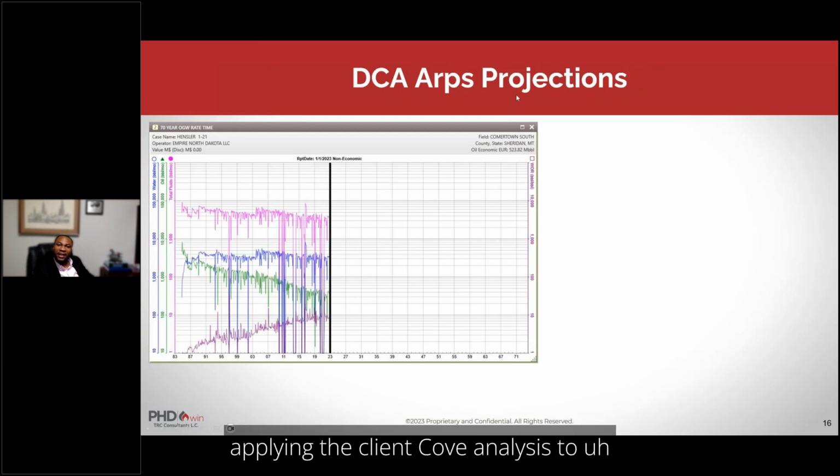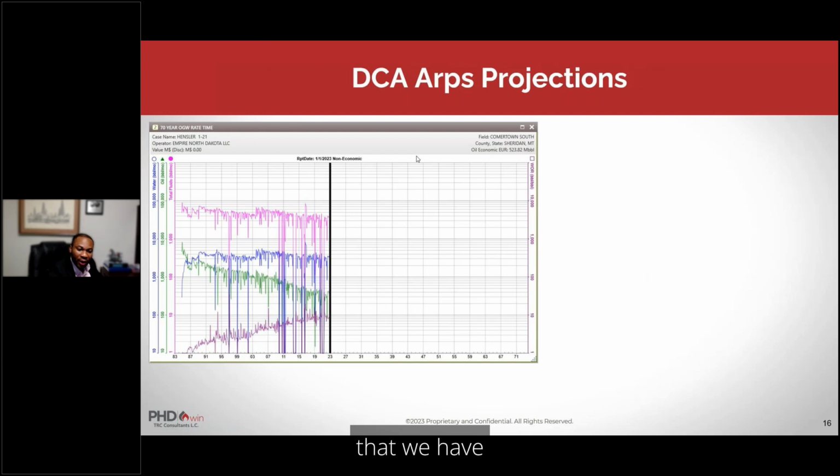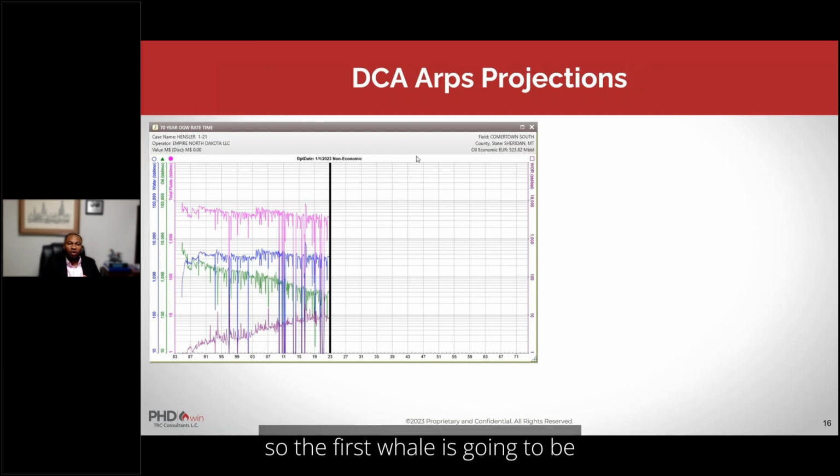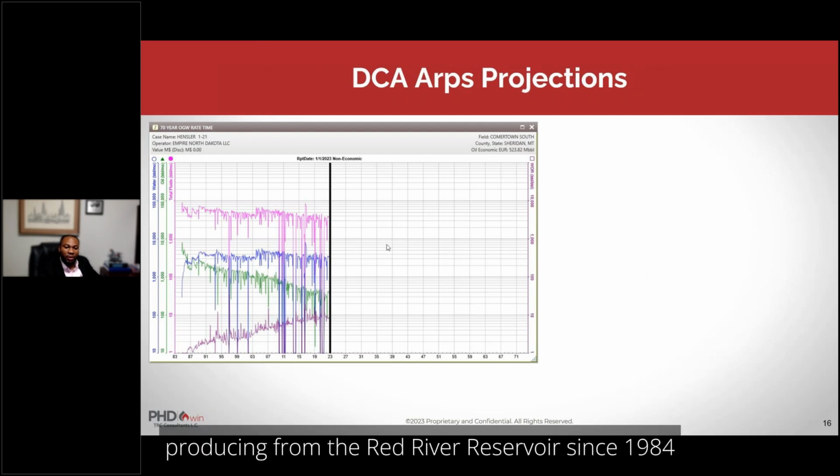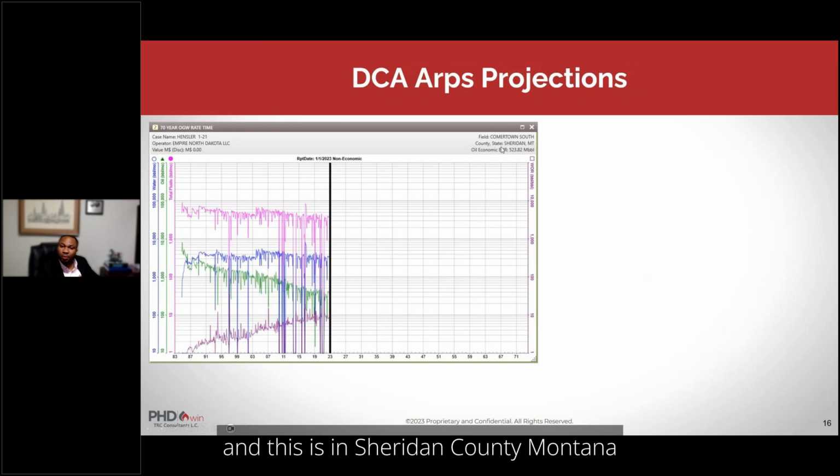So we're going to be applying decline curve analysis to some wells that we have. The first well is a high water cut well. This is the Hensler 121 well that's been producing from the Red River Reservoir since 1984. It's producing from the Comertown South field, in Sheridan County, Montana.